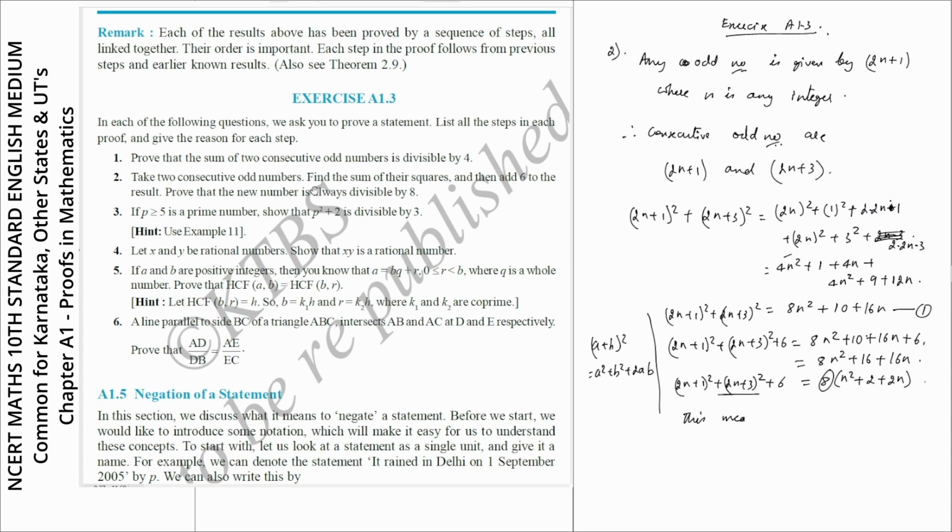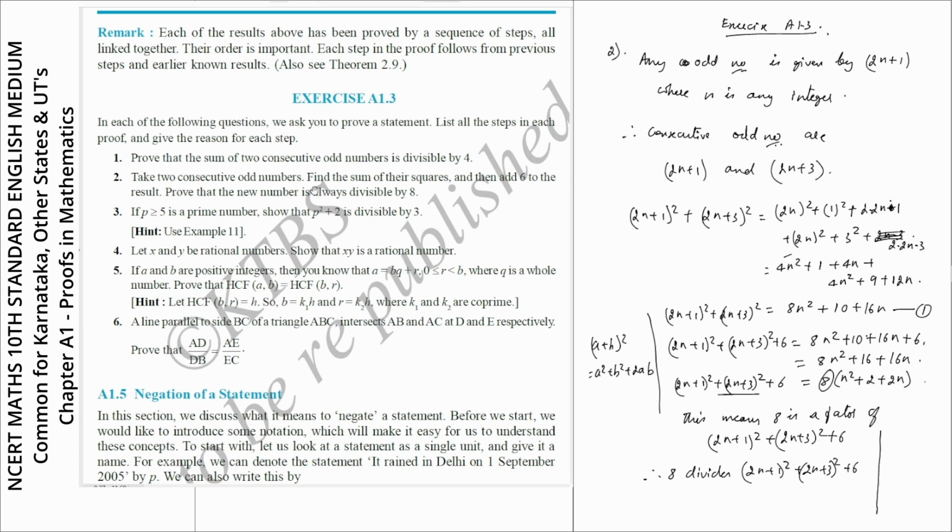This means 8 is a factor of 2n plus 1 the whole square plus 2n plus 3 the whole square plus 6. Therefore 8 divides 2n plus 1 the whole square plus 2n plus 3 the whole square plus 6.